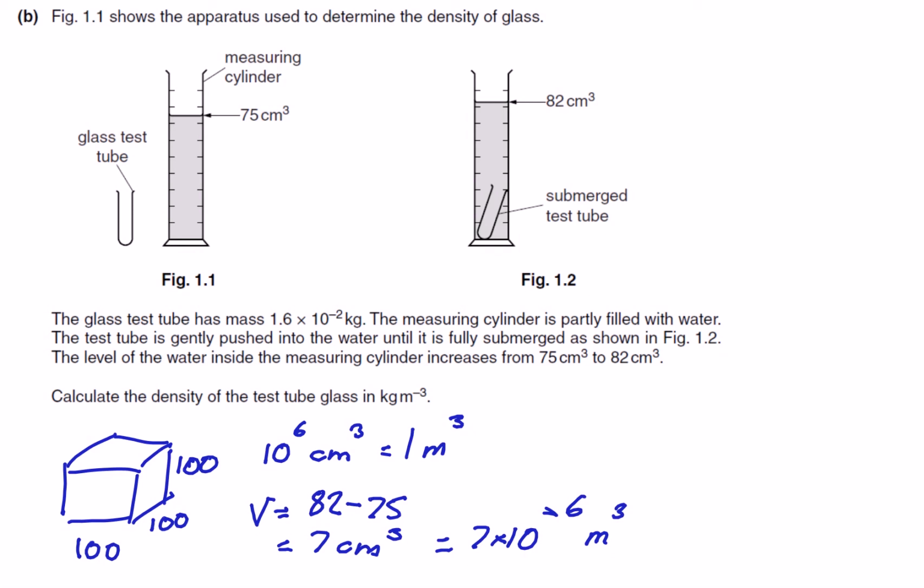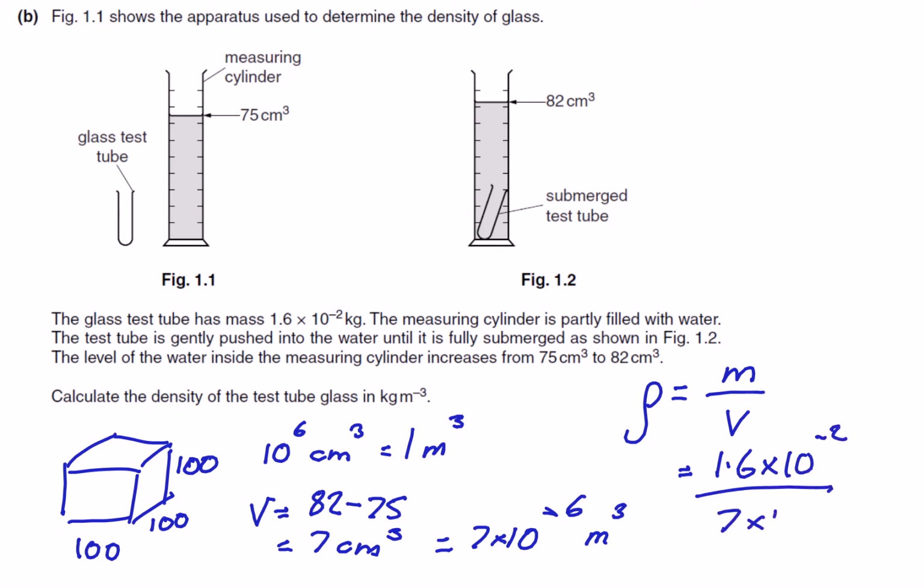The density is defined as being the mass divided by the volume, so now I could just simply substitute in, and that will go 1.6 times 10 to the -2 over 7 times 10 to the -6.